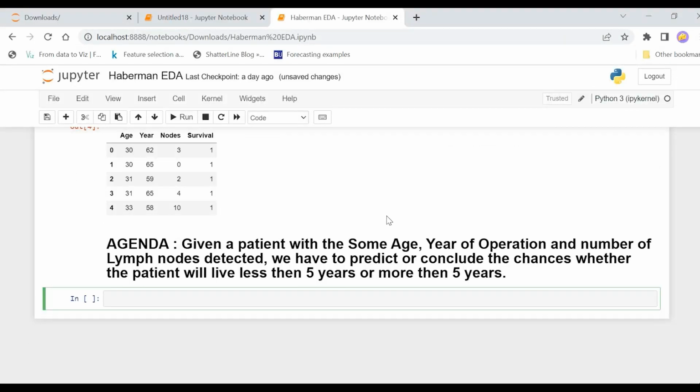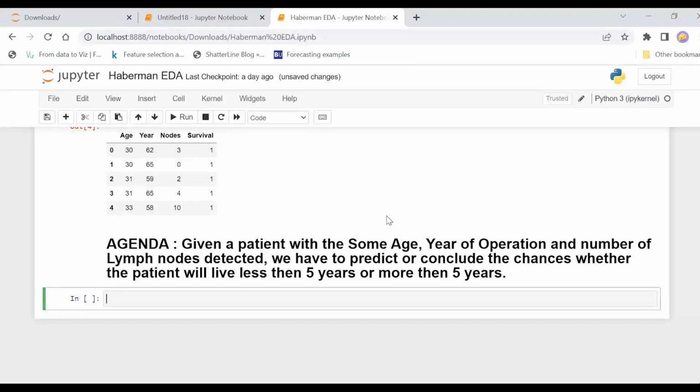Given a patient, and the proper scenario. Suppose you are in a hospital and a patient has come with some particular age, and they have undergone an operation earlier.